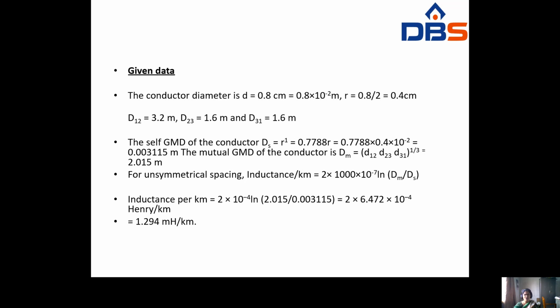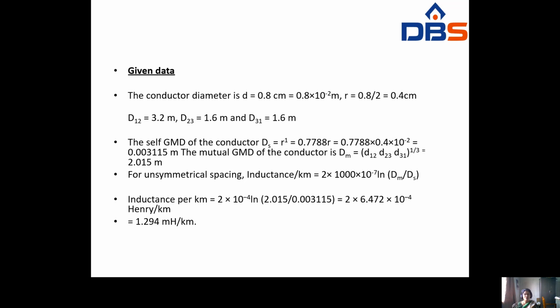The r value is 0.4 into 10 to the power of minus 2 meters, so you write 0.7788 into 0.4 into 10 to the power of minus 2. Solving this, the self GMD value is 0.003115 meters.